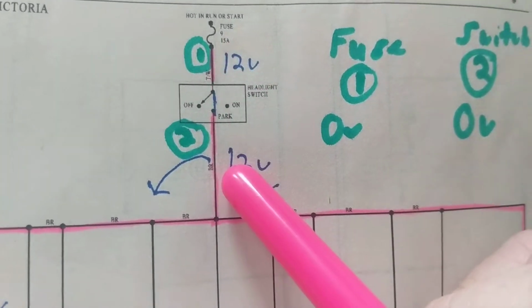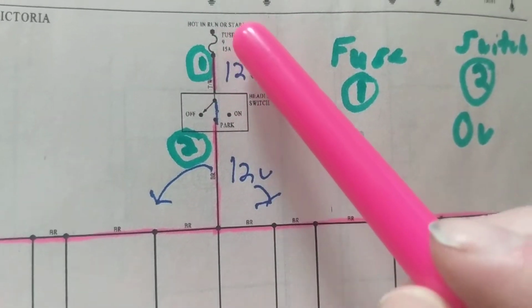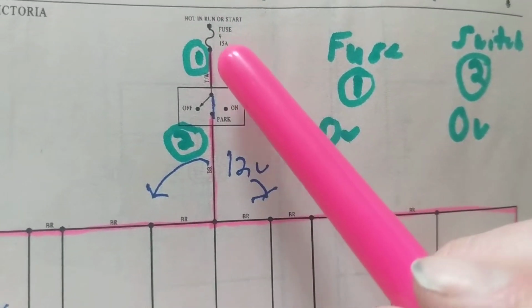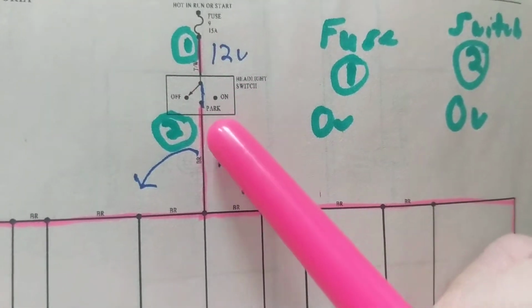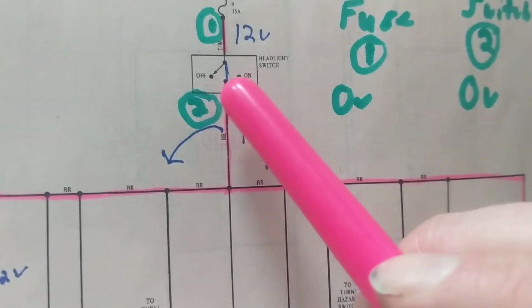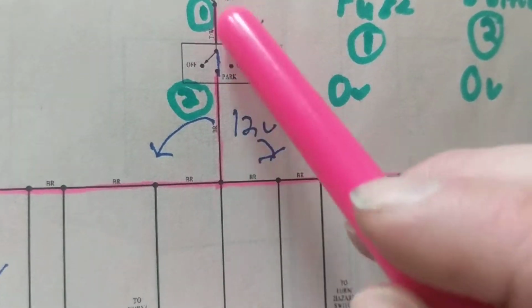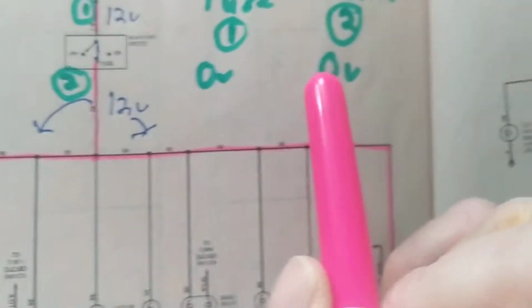Let's take the second scenario. The fuse is intact, 12 volts over here, then I measure 12 volts over here. Let's go to test point 2. I measure 0 volts over here. That tells me I am not connected to this point. Therefore, it has something to do with the switch, as I wrote over here.